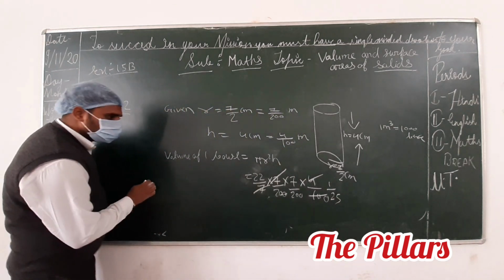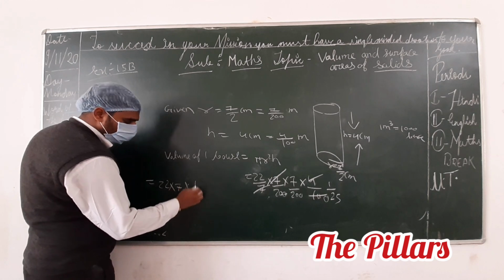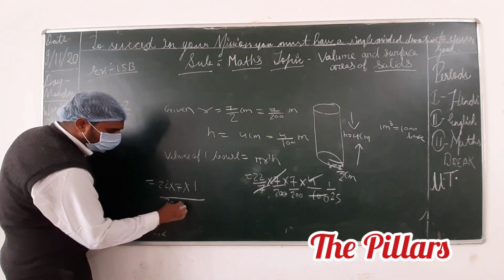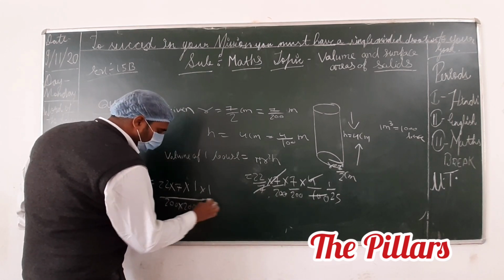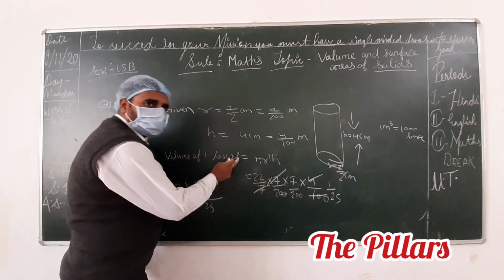So the remaining value is 22 into 7 into 1 divided by 200 into 200 into 25. This is the volume of one bowl.